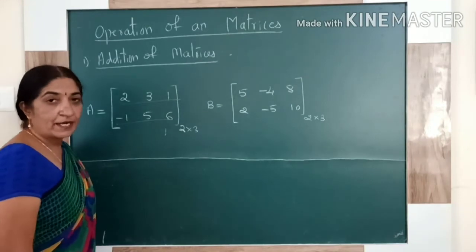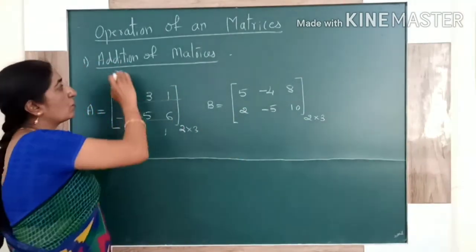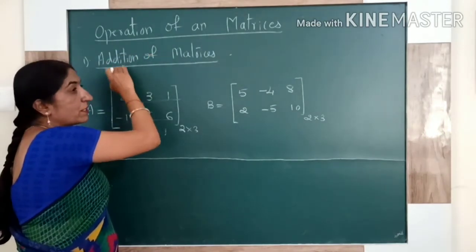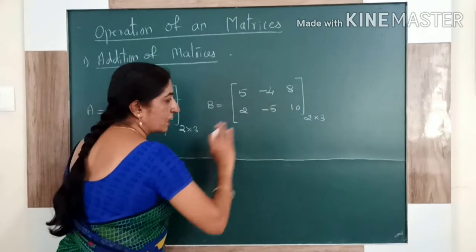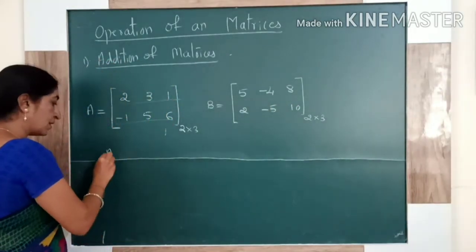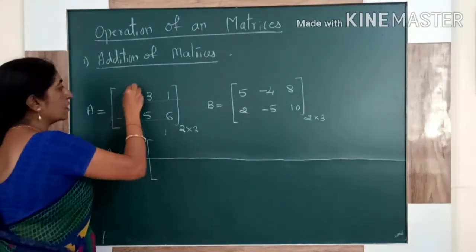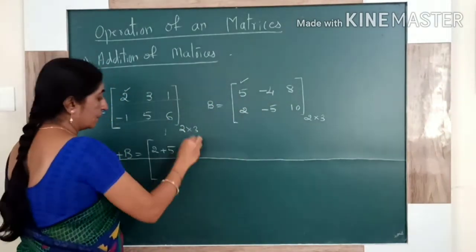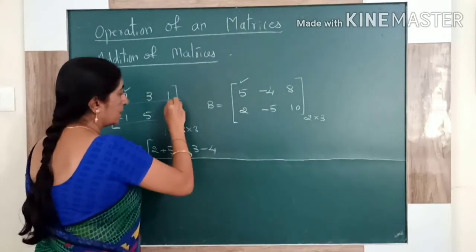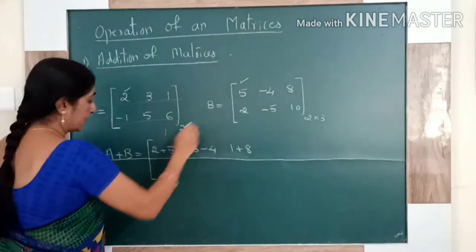So if the two matrices have the same order, the first step is clear. When you are going for addition or subtraction, first we have to check the order. If they have the same order, then add the corresponding elements. Corresponding elements means here the first element, here the first element, then the second element, then the third element, like that.